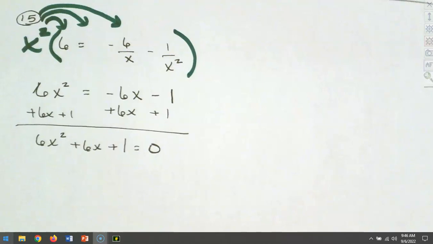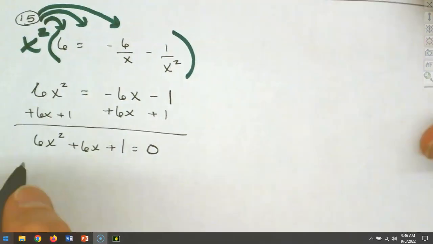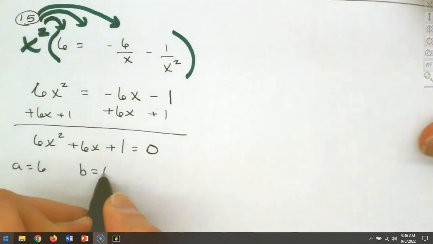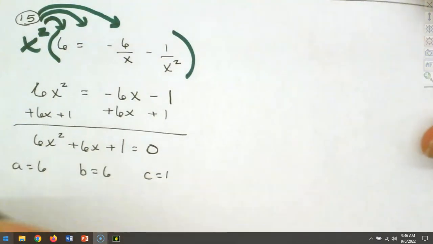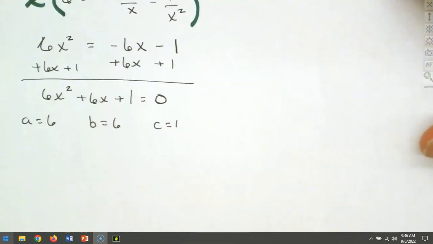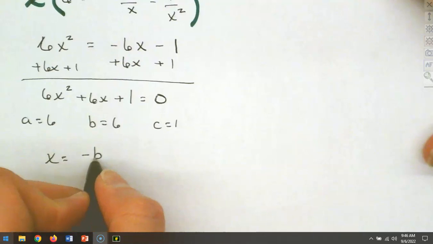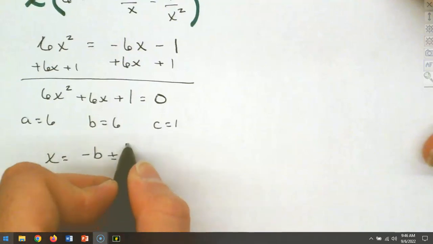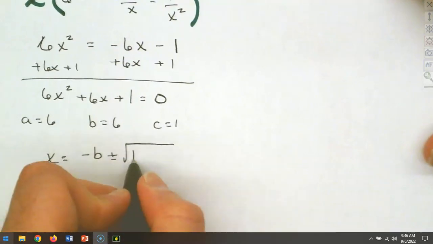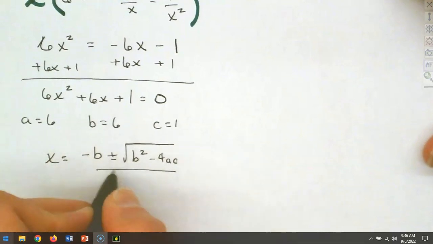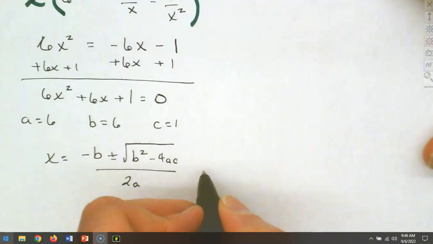Now the directions tell me to use the quadratic formula. So a is 6, b is 6, c is 1. Writing up my formula, x equals minus b plus or minus the square root of b squared minus 4ac all over 2a.